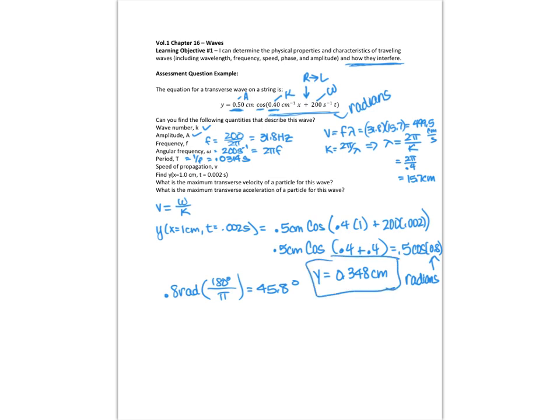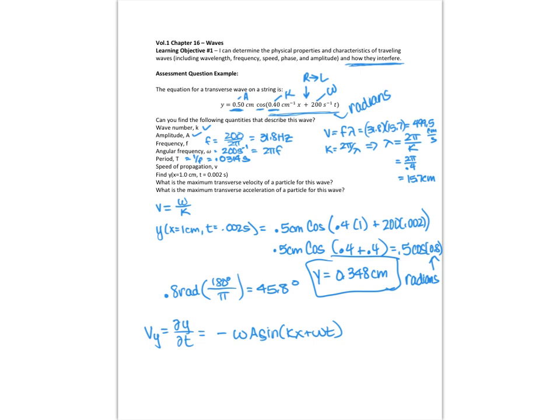Okay. The maximum transverse velocity of a particle, remember, the transverse velocity is the velocity in the y direction, which is the partial of the function with respect to time. For this, it would look like minus omega a sine of kx plus omega t.